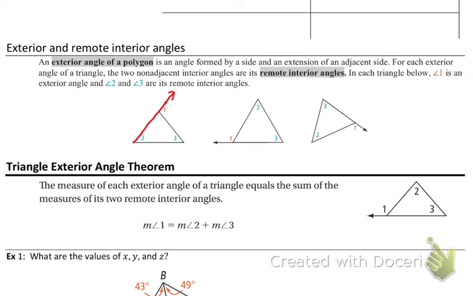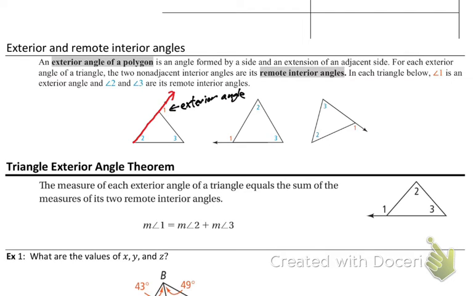You create a brand new angle formed by the triangle and this line. Not the 180-degree thing, but this angle 1 right here. That is called an exterior angle. This right here is called an exterior angle. That right there is an exterior angle.